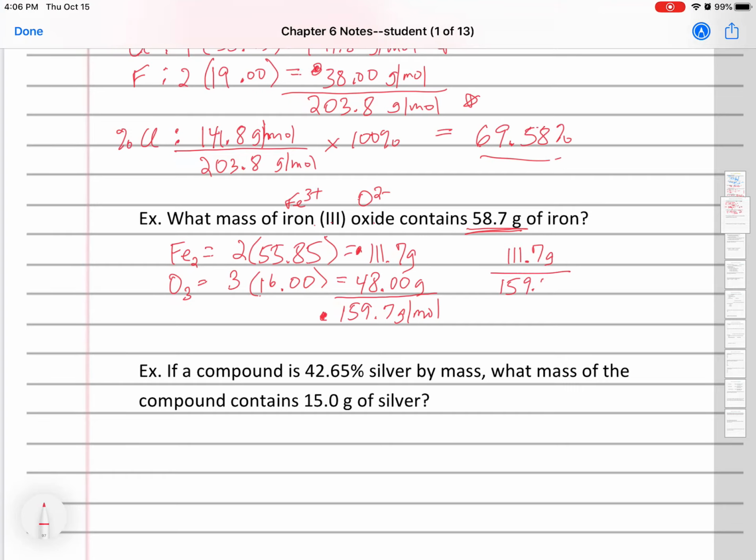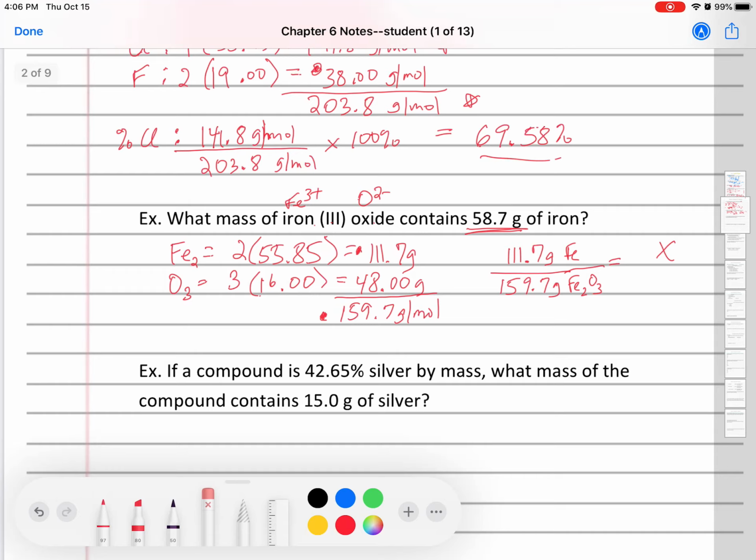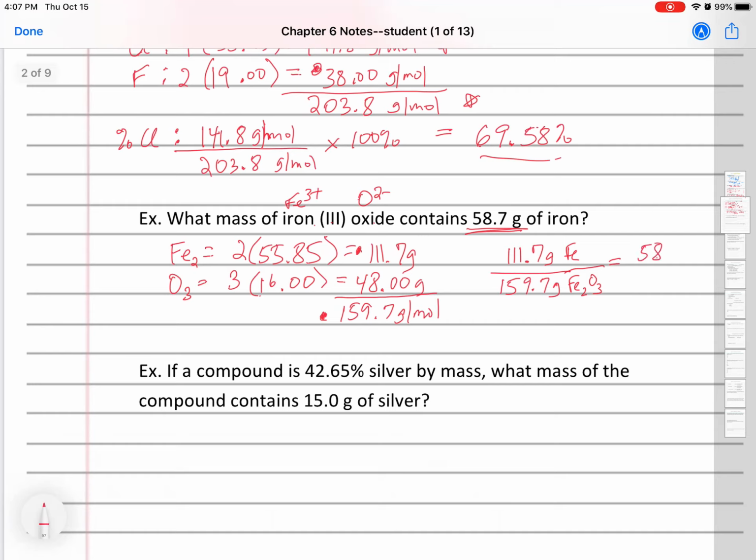If there's 111.7 grams of iron in 159.7 grams of iron oxide, then there's 58.7 grams of iron in how many grams of iron oxide.